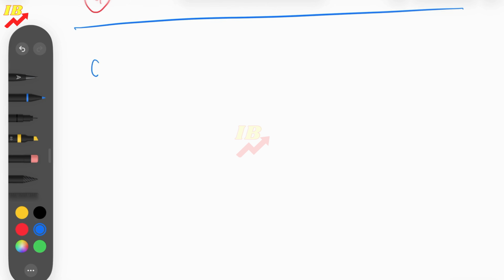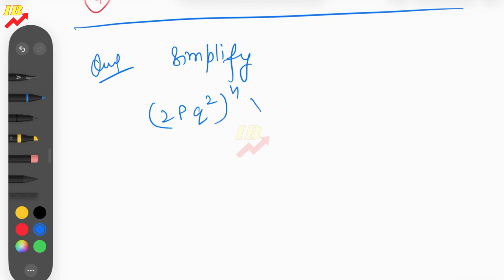If I'm saying simplify 2p square to the whole power 4 times 5p square root q to the power 6. All right, can you see that? This is going to be a little difficult one, but I would suggest you open the powers first, or open the surds.